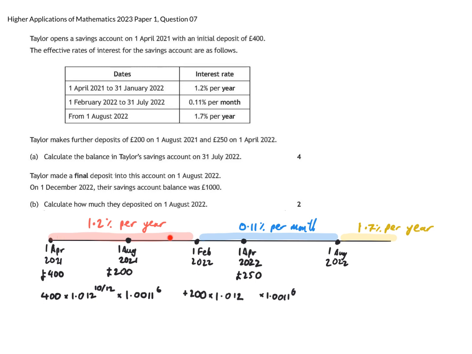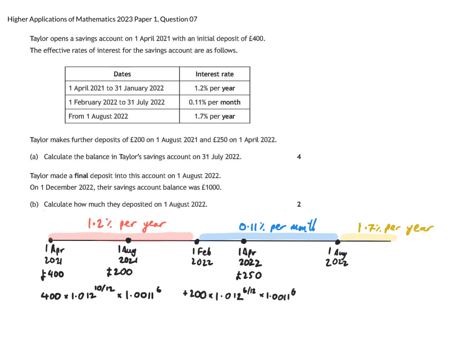However, in this red section, we've got to figure out how many months this is. So it'll be earning interest all through August, September, October, November, December, and January, and that'll take us up to February. So that is 6 months. So here my index will be 6 out of 12 because this is an annual effective interest rate.